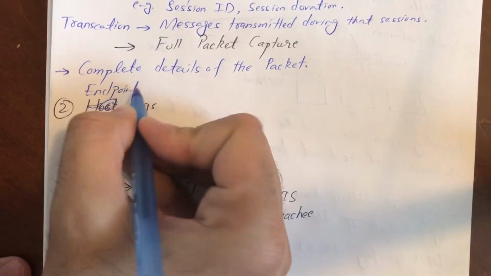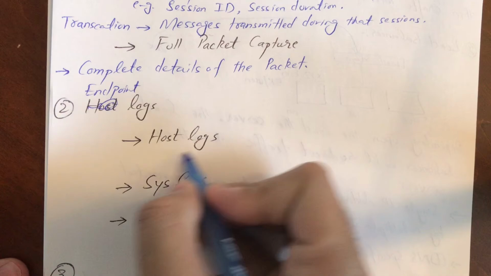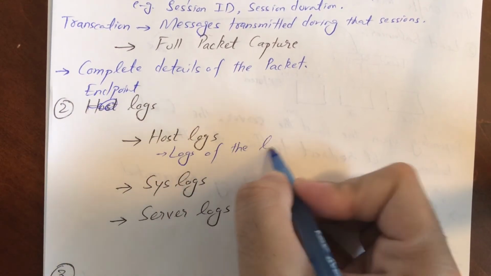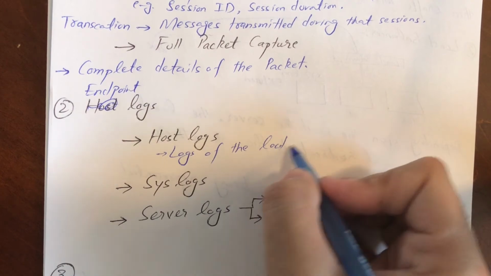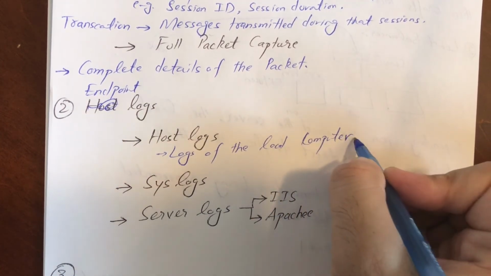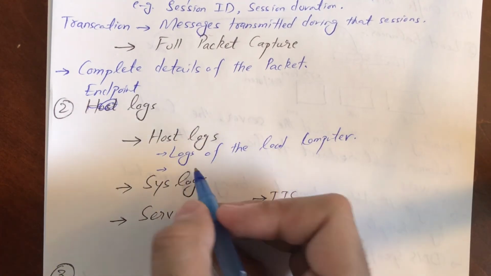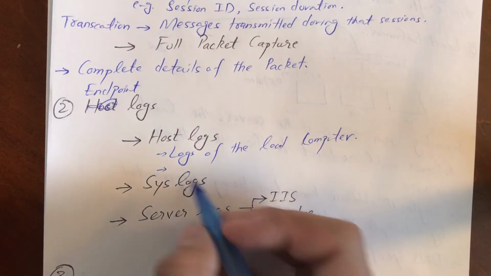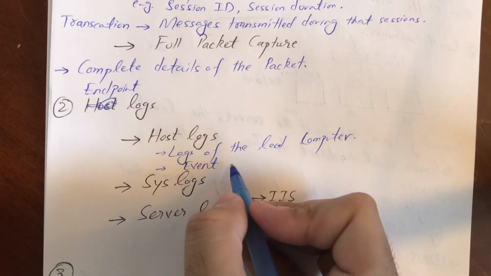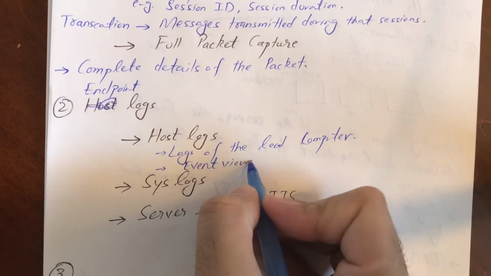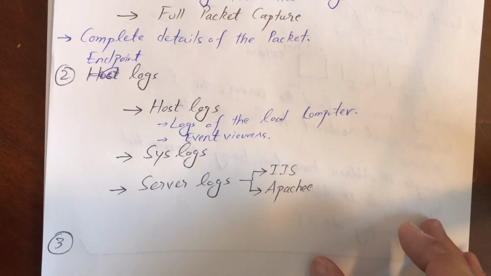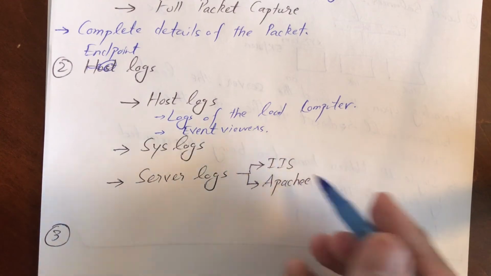Endpoint logs are basically host logs. Host logs are logs of the local computers. If you want to pull the local computer logs in Microsoft Windows, there is a software called Event Viewer. We can use Event Viewer. I'll show you in our lab how you can use Event Viewer to pull the local computer logs.